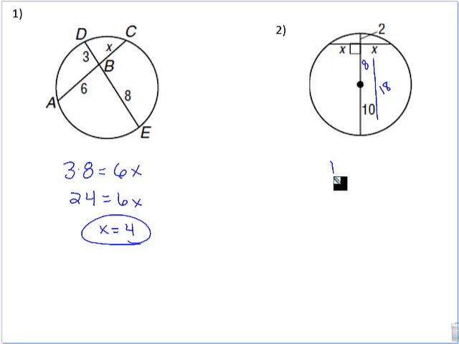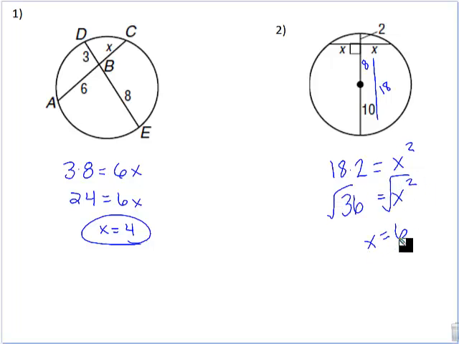So you would take 18 times 2. Okay, so 18 times 2 should equal what? Well, you're right, that is 36. But what should that equal? What's our other segment? X squared. Yep. Yeah, so x is 6.